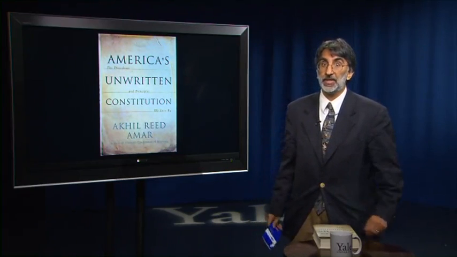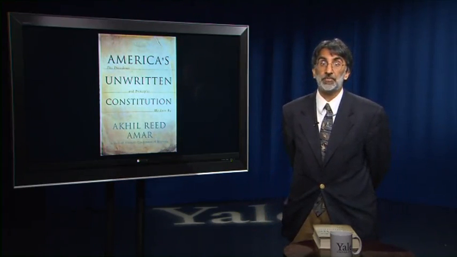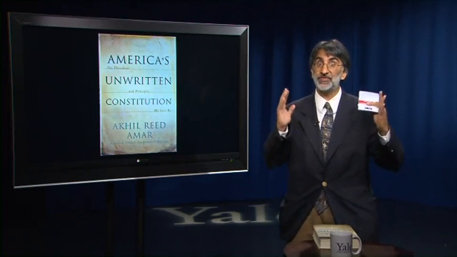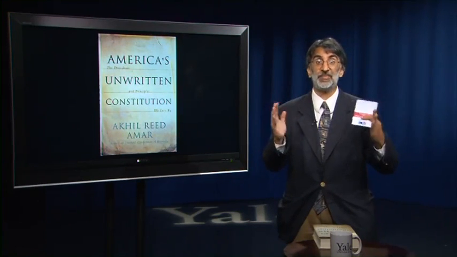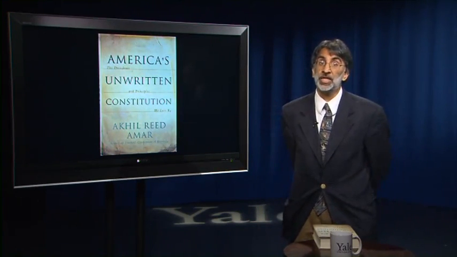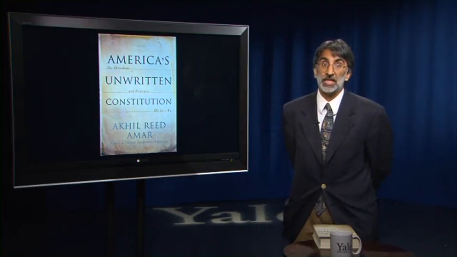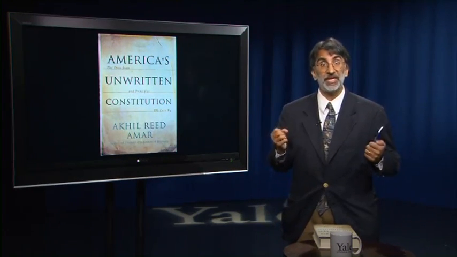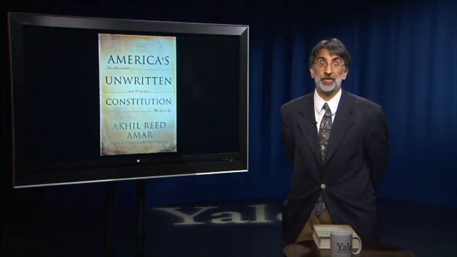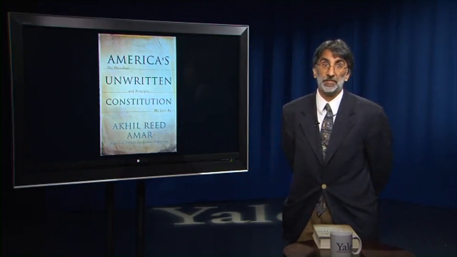Okay, but the words don't say the Bill of Rights, and yet it maybe is useful to talk about the first 10 amendments as a package. The words don't say separation of powers, and yet that might be a very useful way of thinking about the architecture of the document as a whole.